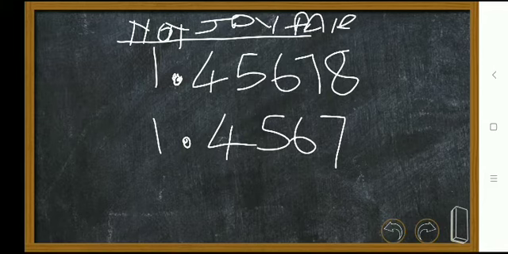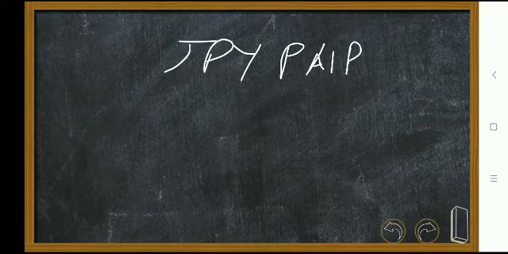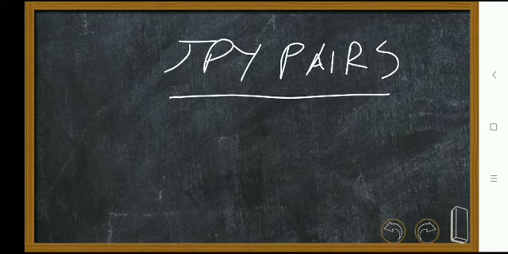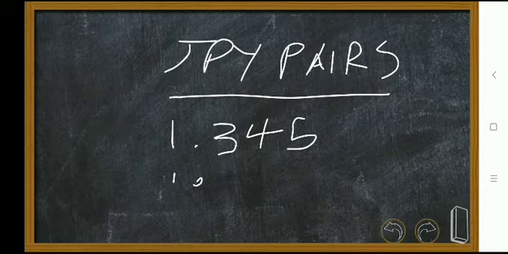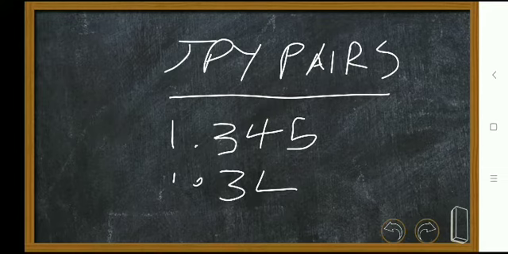You'll find that it's quoted to either 5 or 4. So this is for non-JPY pairs. Then for JPY pairs, you'll find that it's either 3 decimal places after the point, or it's only 2, depending on the broker.